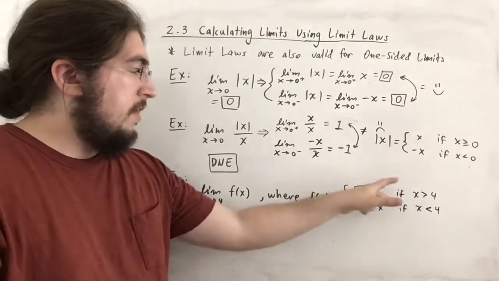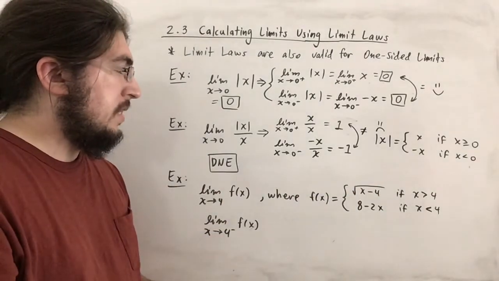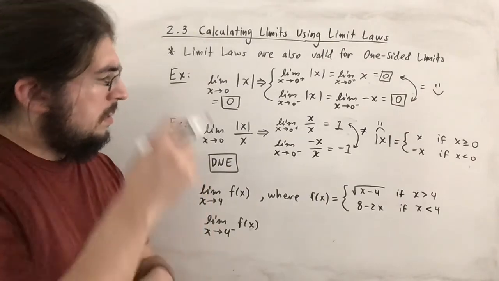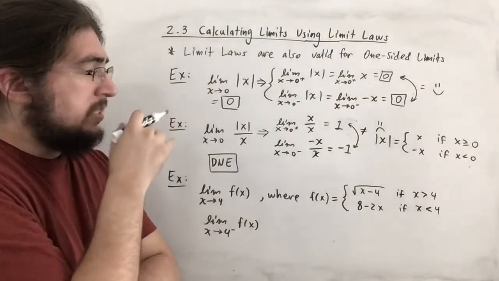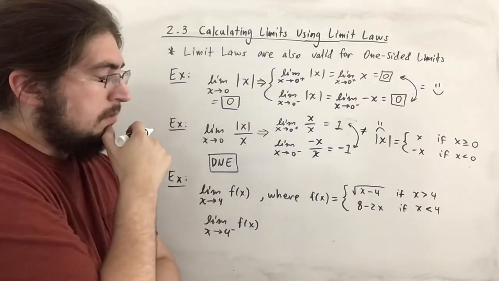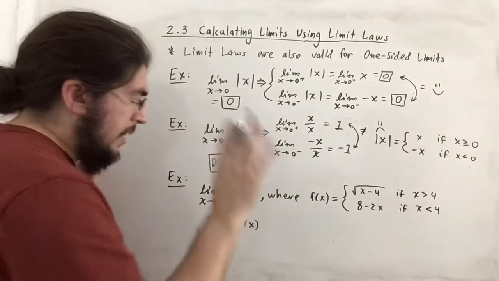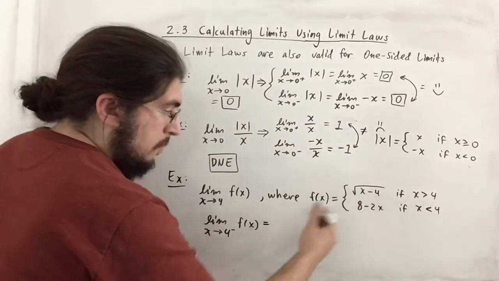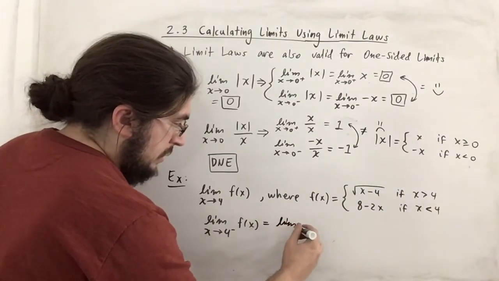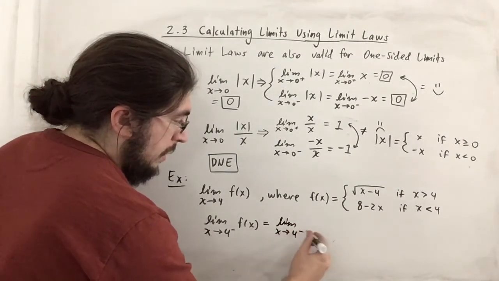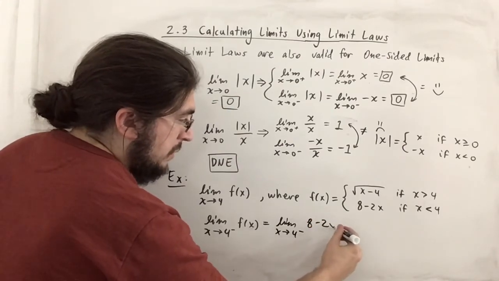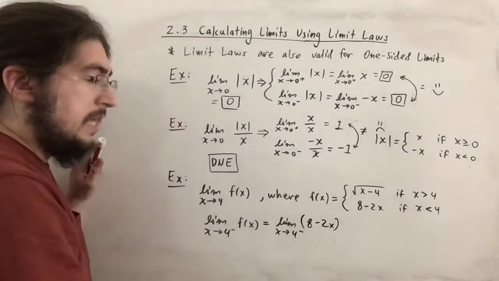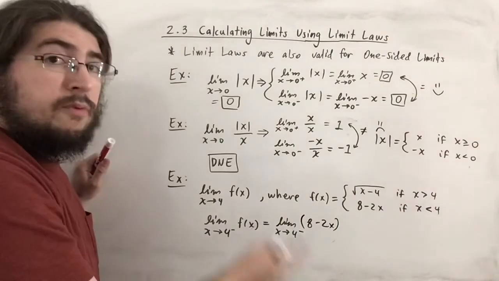So the domain of this appears to be everything that's not equal to 4. But in any event, when we plug in numbers that are less than 4, we're only using the bottom one. So this becomes a limit as x approaches 4 on the left of the expression a minus 2x, because f of x is equal to that when x is approaching 4 from the left.